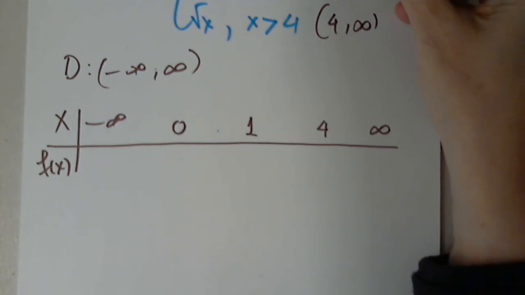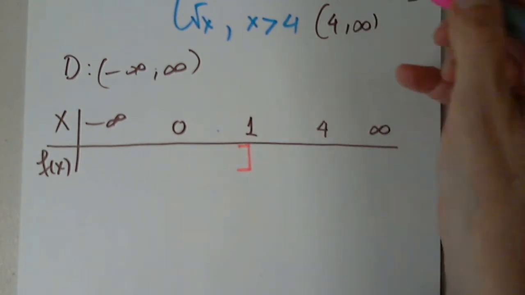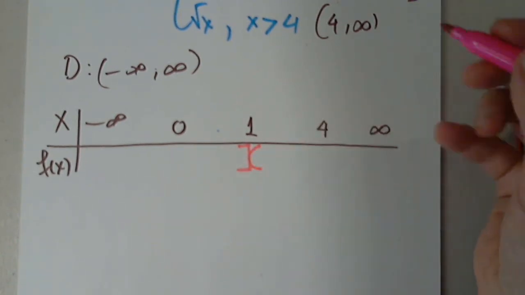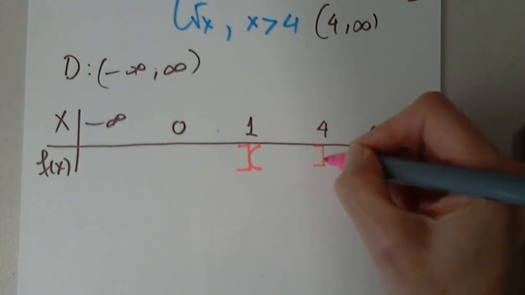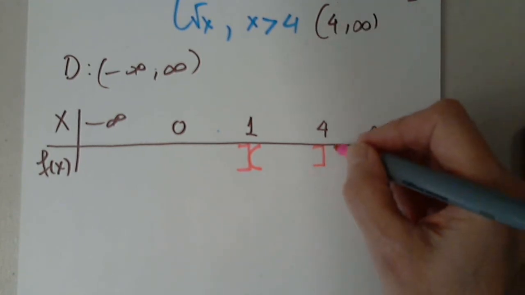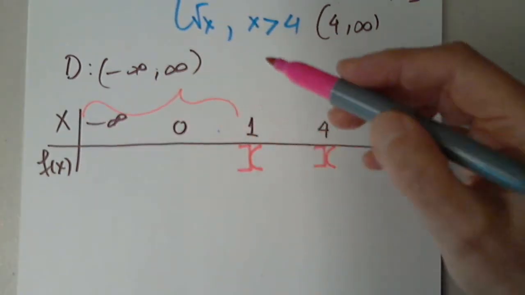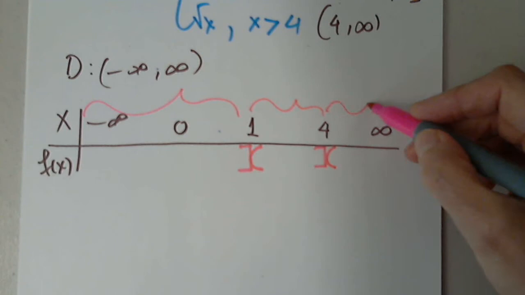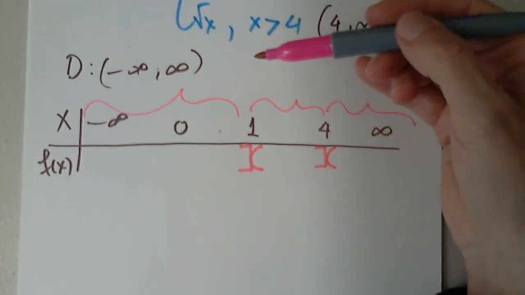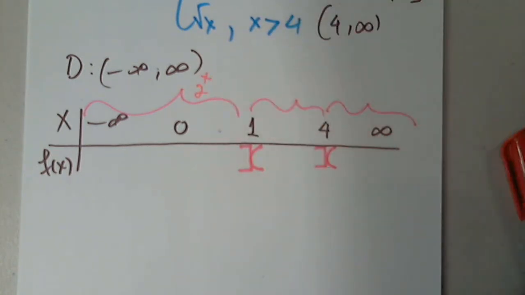I will copy a bracket to the left, right under 1, and a parenthesis touching towards the right. 4, the same thing, right underneath 4, I copy this bracket, and here I copy the parenthesis. Yes, I know this is an overkill, but bear with me, because these may not be given to us in the correct order. So to the left of 1, I will be using 2 to the x.